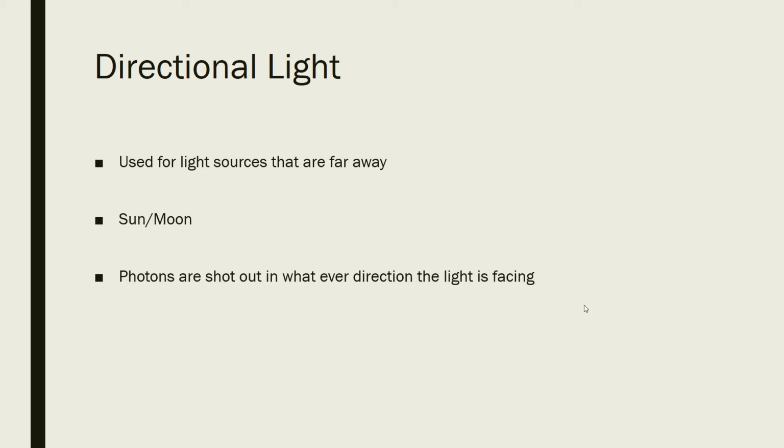Maybe a rocket explodes in orbit and there's a massive fireball in the sky, and you can use directional lights for that because it's mainly used for light sources that are far away. Your directional light is made up of a set of arrows, and whatever direction you rotate it, whatever direction those arrows are pointing, that's the direction the photons, which I talked about earlier, are shot out in.